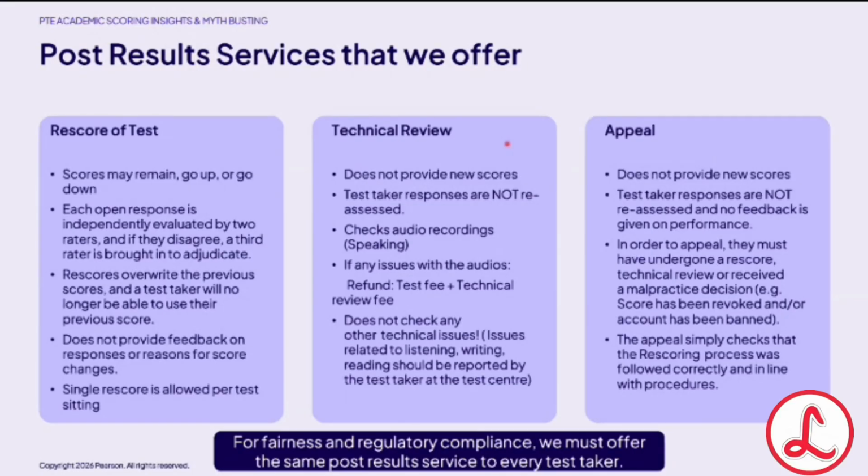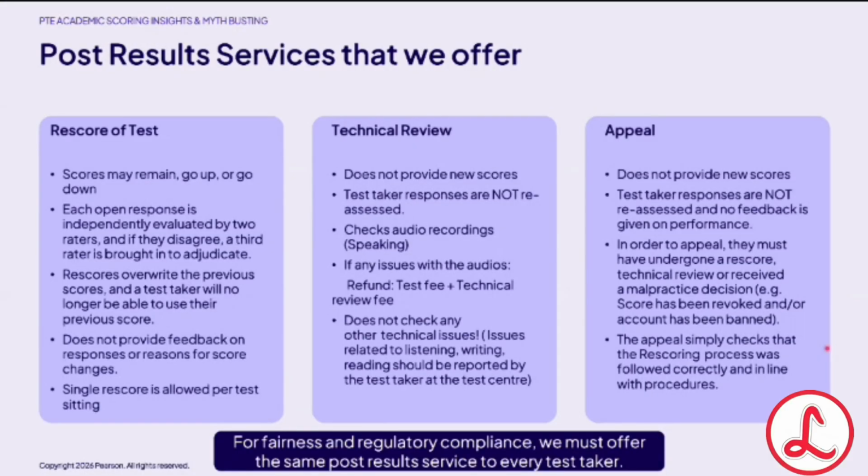And if there's an issue found with audio quality, then we refund the test fee and the fee for the technical review. Then we also offer an appeals process. The appeals process relates to people who've already requested a rescore, already requested a technical review, or they received a malpractice decision related to their test.